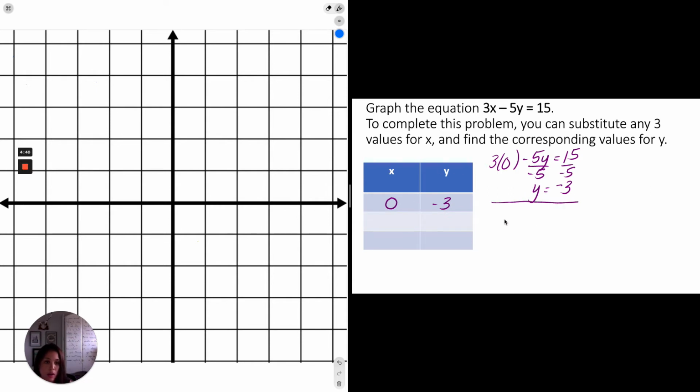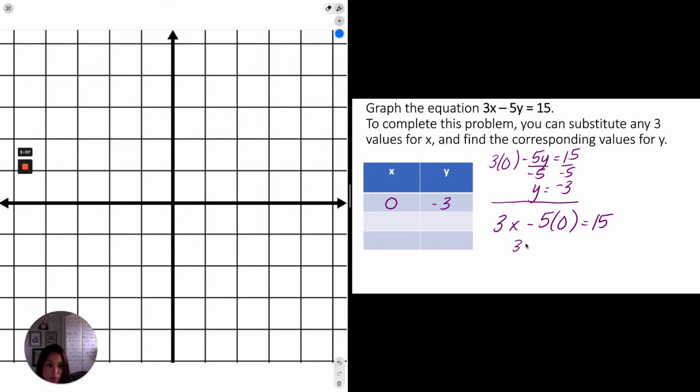Next one. Now we're going to plug in 0 for y to get the x value. So I have 3x minus 5 times 0 equals 15. Using zeros is going to be your best starting place.